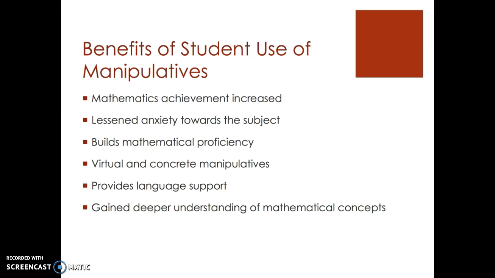Literature also states the benefits of the usage of manipulatives, such as increase in student academic achievement, and how it lessens their anxiety towards mathematics. For English language learners, it provides language support by helping them visualize the abstract concepts and gain a deeper understanding.